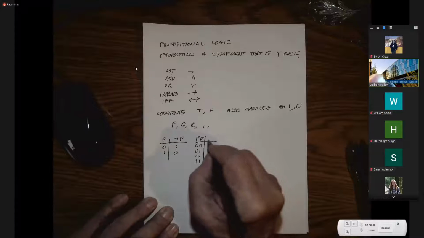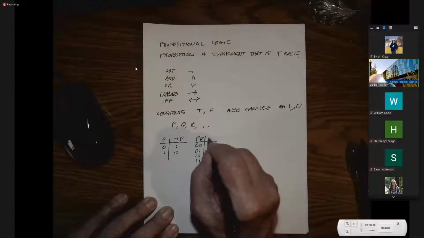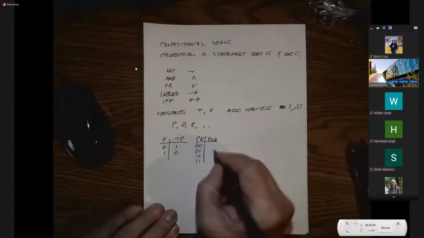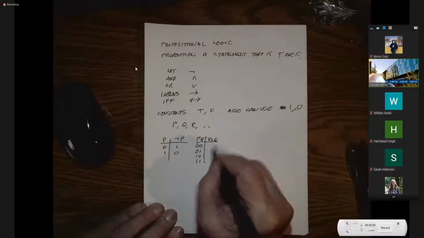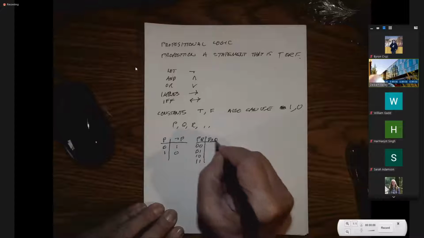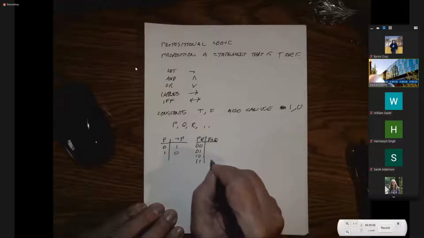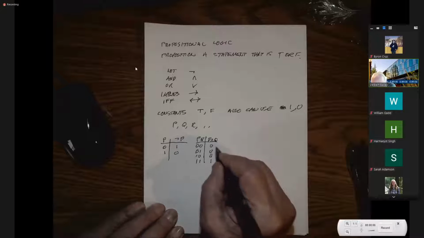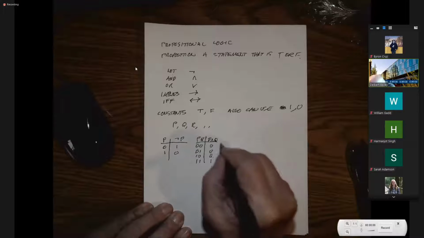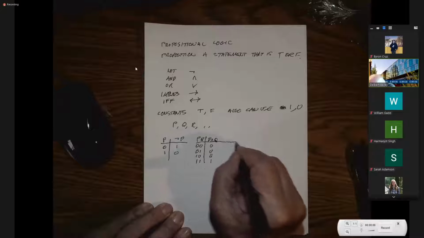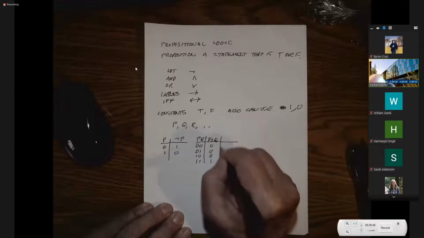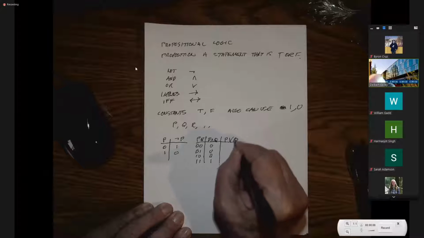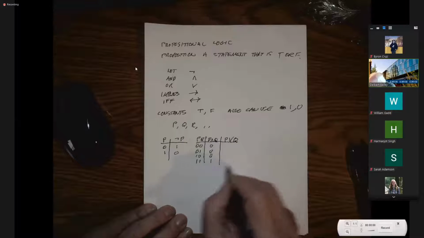And the value for P and Q is only true if they're both true, right? All the others, it's false. And for P or Q, if either one of them is true, then it's true.